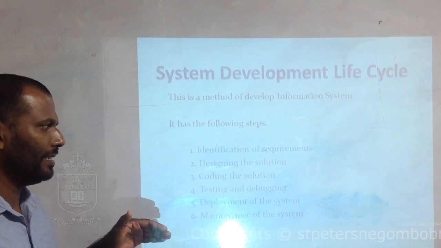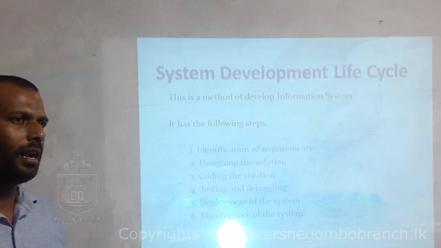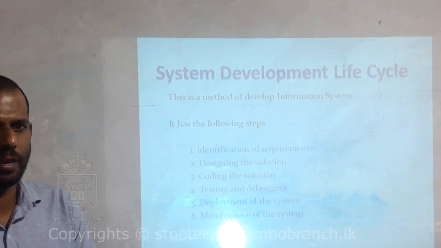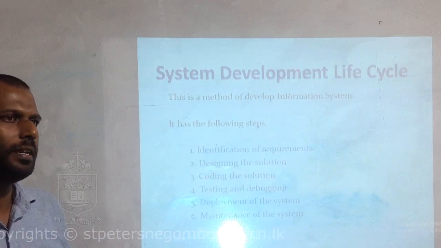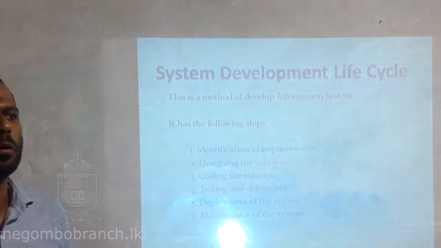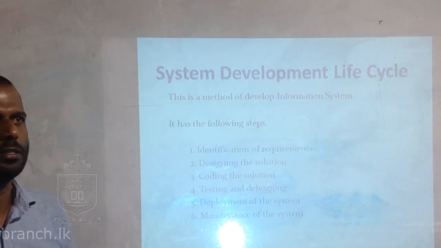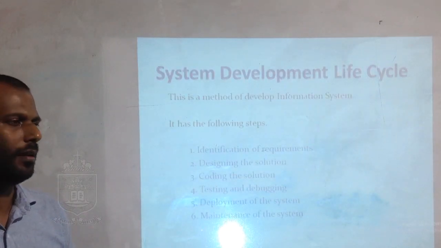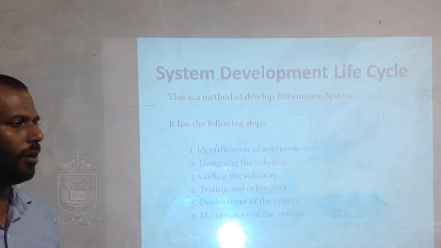Using these 6 stages, we can model our software in many different ways. Today's lesson, we discuss those models. Basically, you have to know about 4 models. There are so many models, but you have to learn these 4.